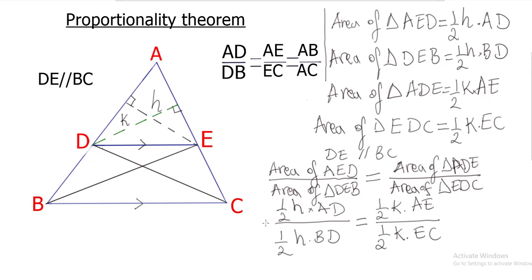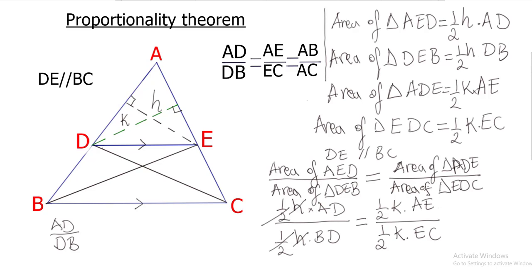So you can see that 1/2 divided by 1/2 you cancel, H divided by H you cancel. So what will remain there is AD over DB.